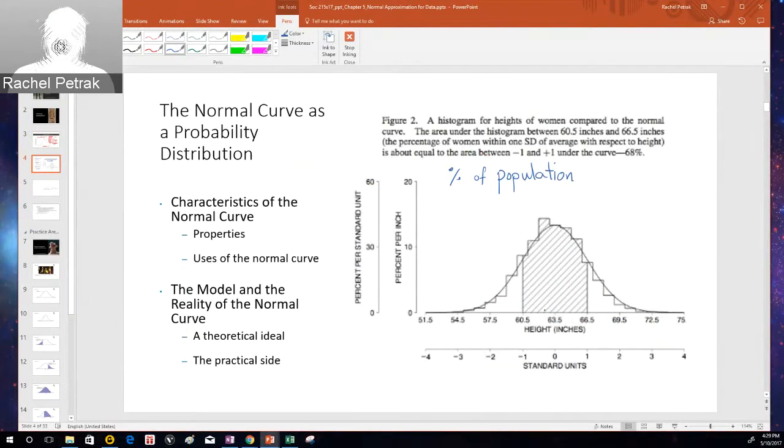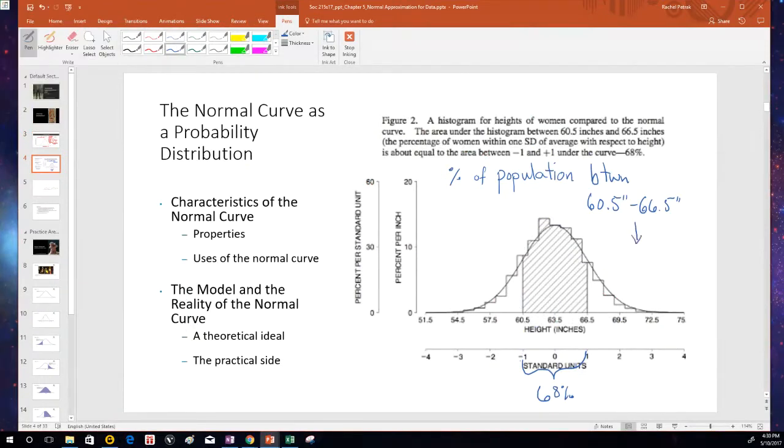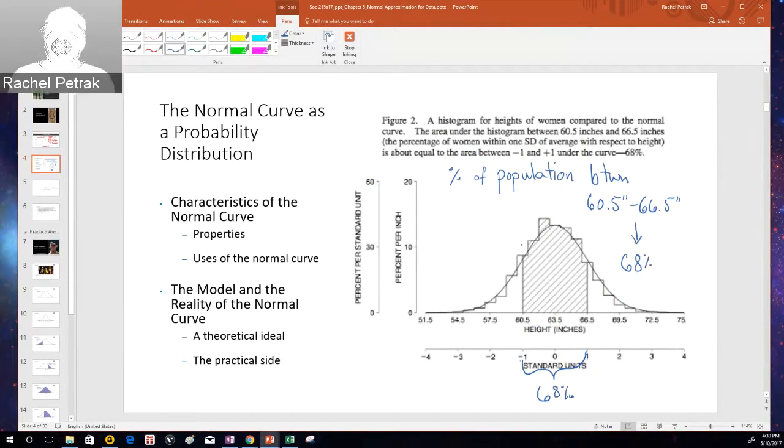So in this case, the approximate percentage of the population between 60.5 inches and 66.5 inches is back to this idea that within above and below 1 standard deviation lies 68% of the population. So I can say with relative certainty that 68% of the population approximately lies between these two values.